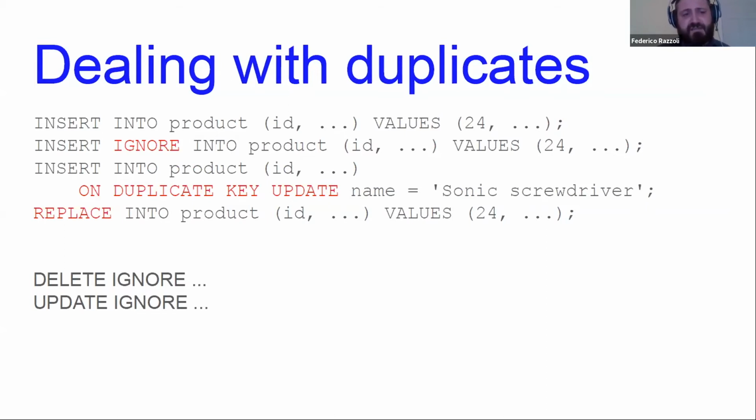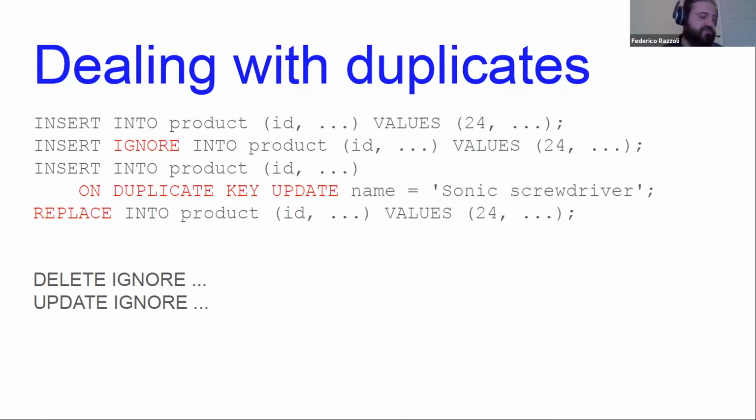REPLACE is an easier syntax to do almost the same thing, but it's not actually the same because REPLACE doesn't update columns. What it does is it deletes existing rows if there are any, and then replaces them with the new rows. But basically, if the rows exist and we are deleting them, we are also deleting some columns that probably we don't really want to delete, okay?